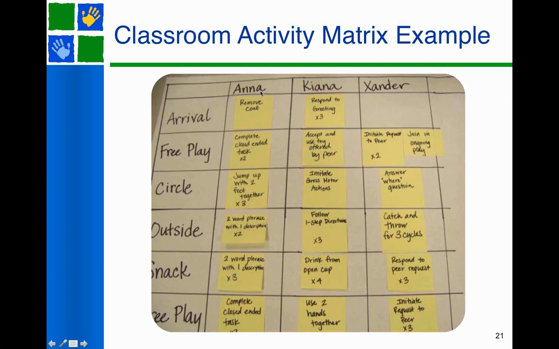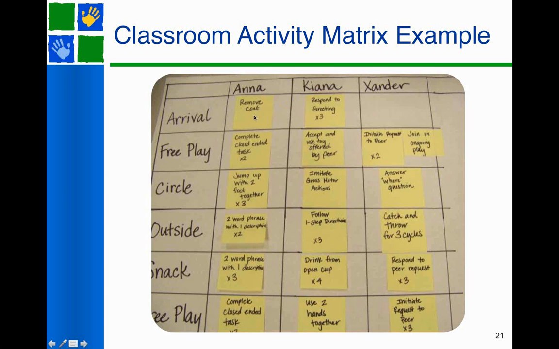And so, for example, for arrival time for Anna, we see that she's going to be receiving some additional support around removing her coat. Kiana is going to be receiving additional support around responding to greetings from peers or adults. And actually, the target here is to provide 3 additional opportunities for Kiana to respond to greetings.